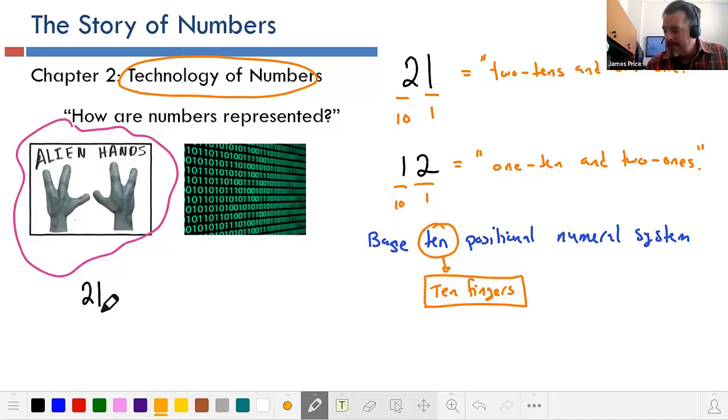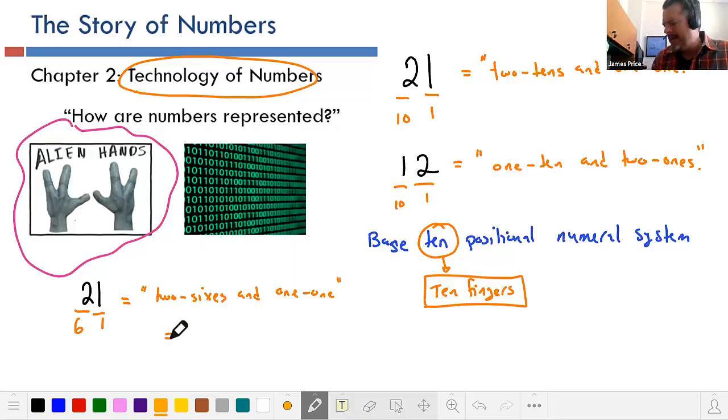An alien race would see that as 2 and 1, but this wouldn't be 2 tens, it would be 2 sixes, because they only have 6 fingers. And so when they look at this, that would be 2 sixes and 1 one.